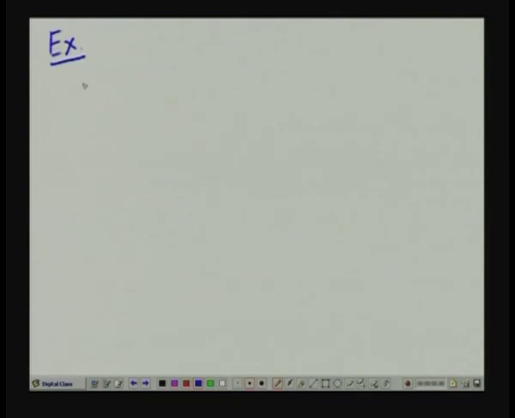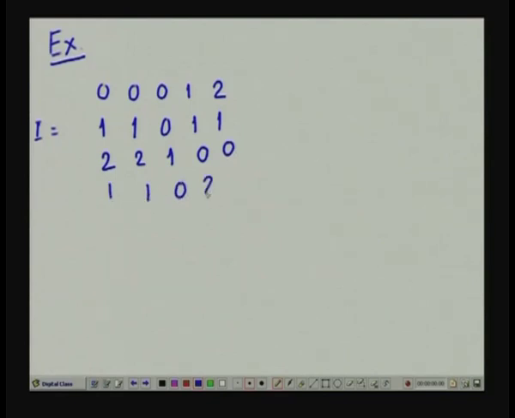So, let us take an example like this. We have a given image matrix, say I, which is given by 0, 0, 0, 1, 2; 1, 1, 0, 1, 1; 2, 2, 1, 0, 0; then say 1, 1, 0, 2, 0; then I can have say 0, 0, 1, 0, 1.